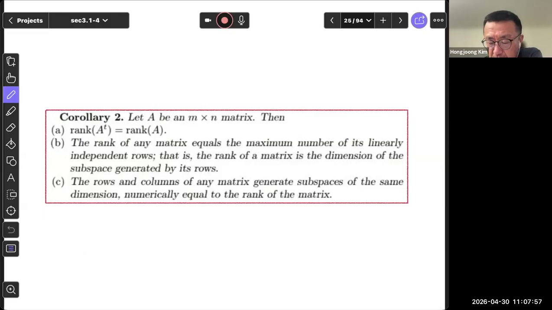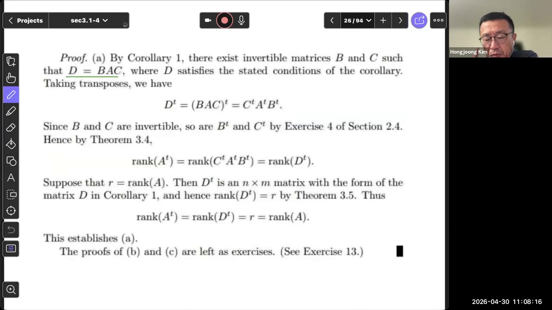Suppose that A is any m by n matrix. Then the first claim: the rank of A transpose will be the same as the rank of A. Okay, so why do I have this?